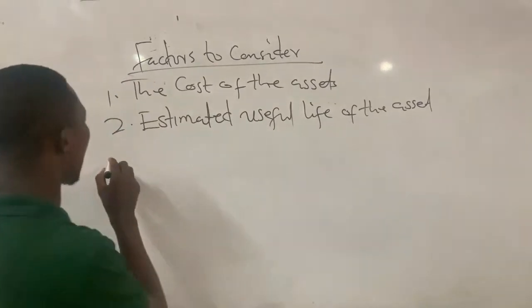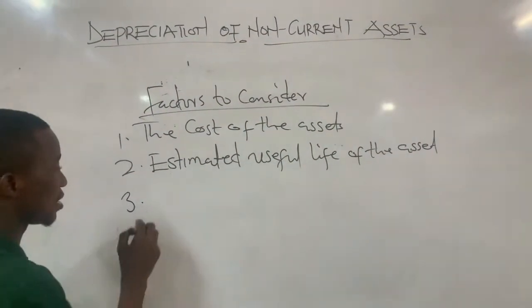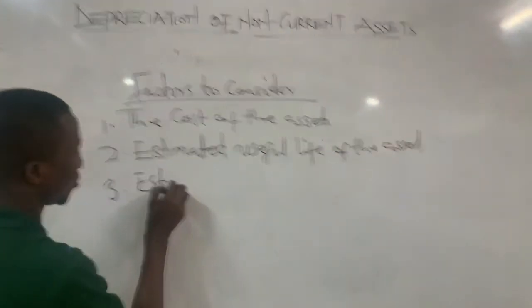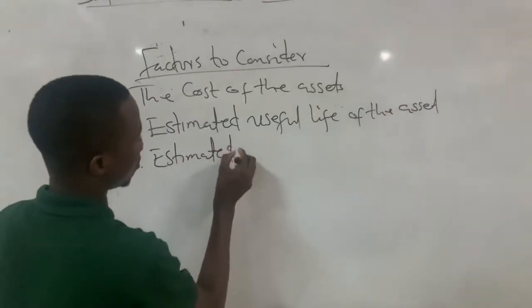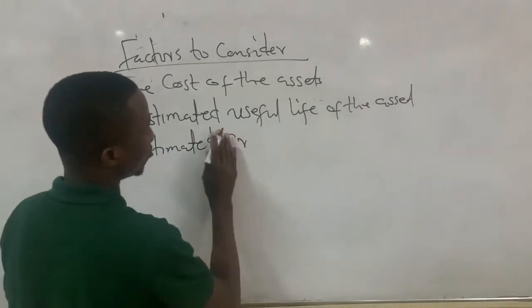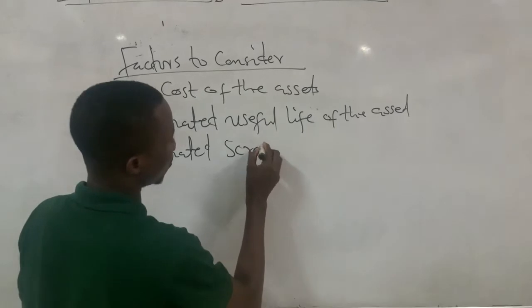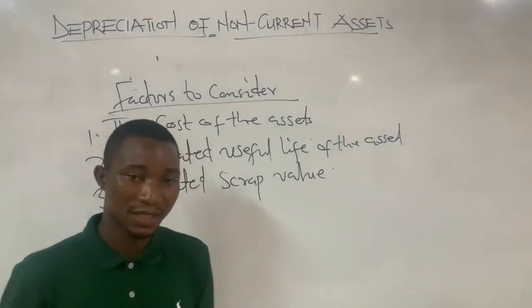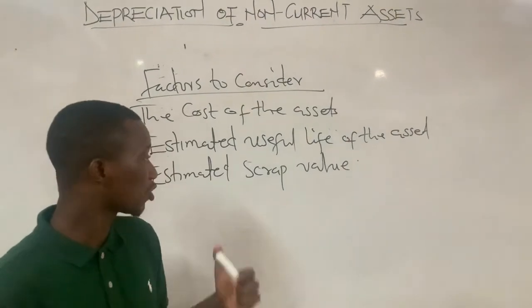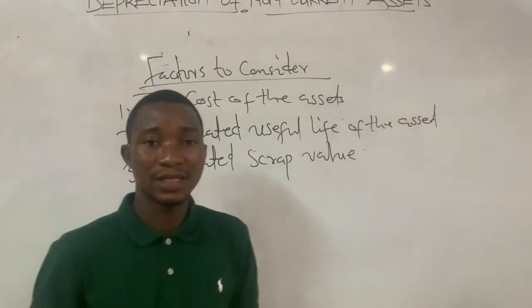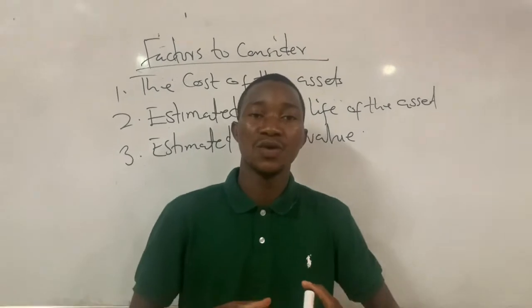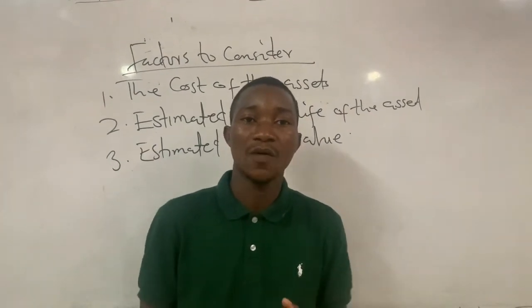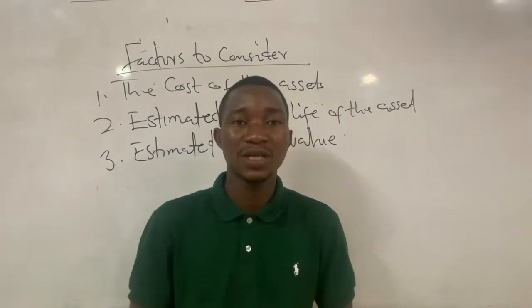And the third one I would like to talk about is the estimated scrap value of the assets. Is that okay? When I talk of the scrap value, it is the amount that we think we can actually dispose of our assets after it has been used in the business.